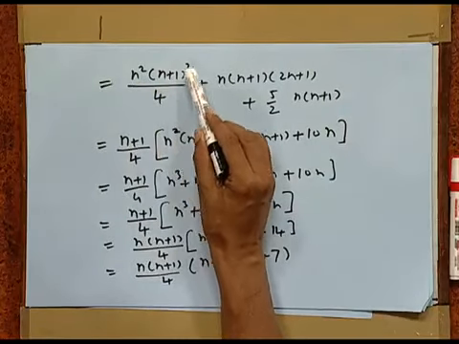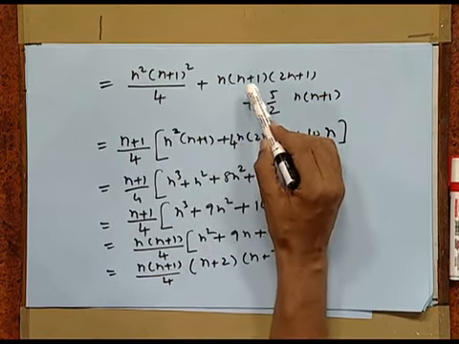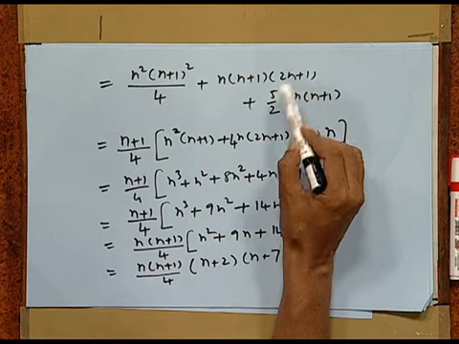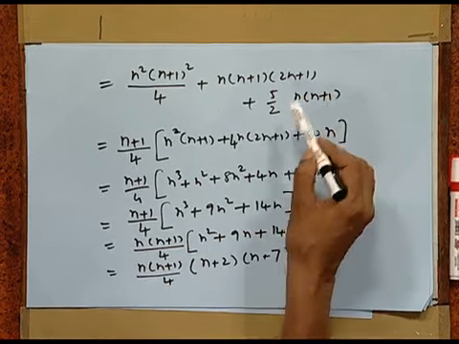This equals n square times n plus 1 whole square by 4 plus n times n plus 1 times 2n plus 1 plus 5 by 2 times n plus 1.